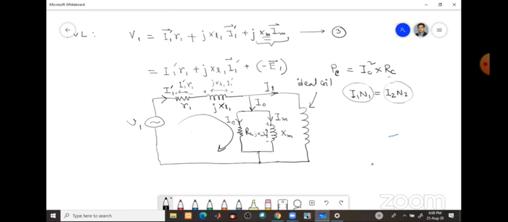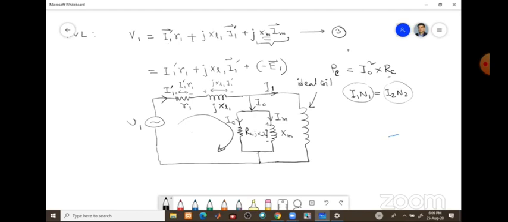Okay. Now, if you can remember, what was the voltage equation for V1? So V1 is basically, okay. Do you have any question? You can ask. Sir, why are we considering I1 dash for the leakage reactance?